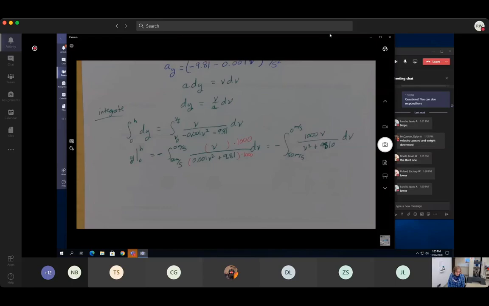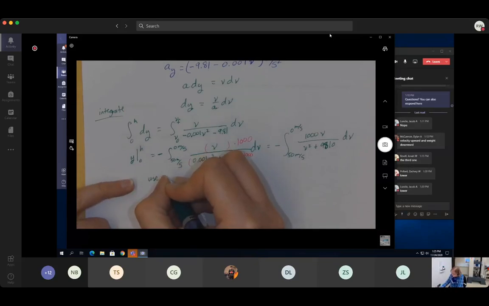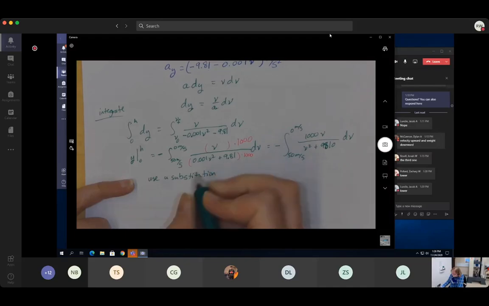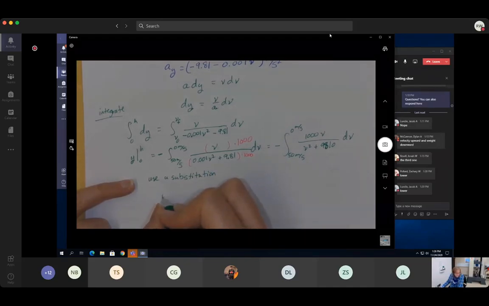All right, so this is still a little bit annoying to deal with, but we'll use a u substitution. And so let's say u is going to be equal to our denominator, so v squared plus 9,810.